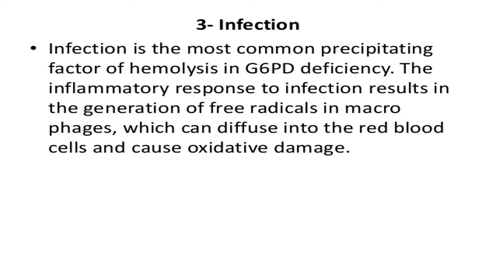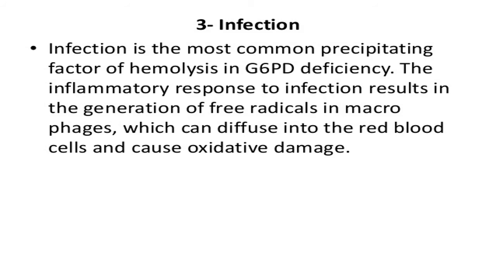Infections, severe infections. Infection is the most common precipitating factor of hemolysis in G6PD deficiency. The inflammatory response to infection results in the generation of free radicals in macrophages, which can diffuse into the red blood cells and cause oxidative damage.